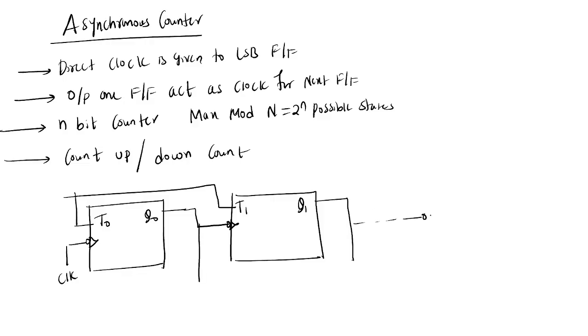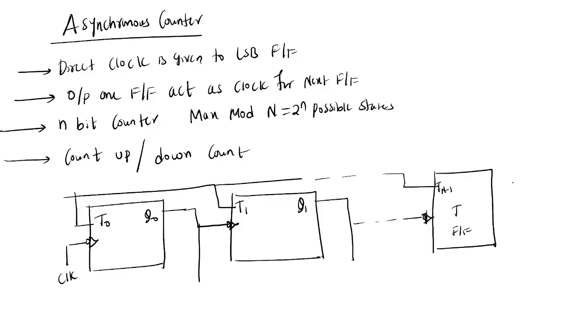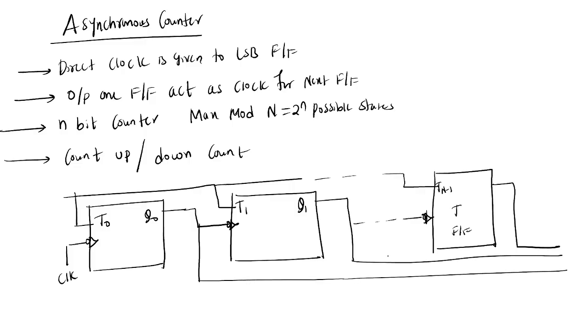You are getting one more negative edge of clock to this flip-flop; let us take this as the T(n-1) flip-flop. These are all connected to toggle state, and these are the outputs of the flip-flops. So the leftmost flip-flop is the LSB, and the rightmost flip-flop is the MSB.